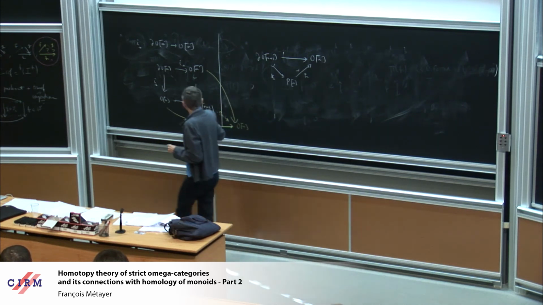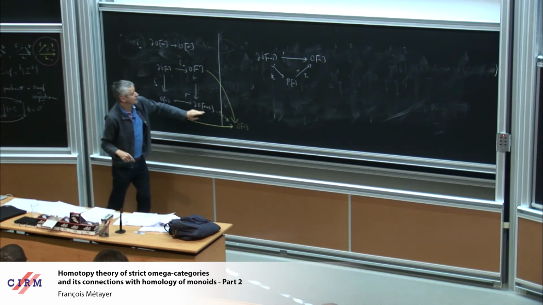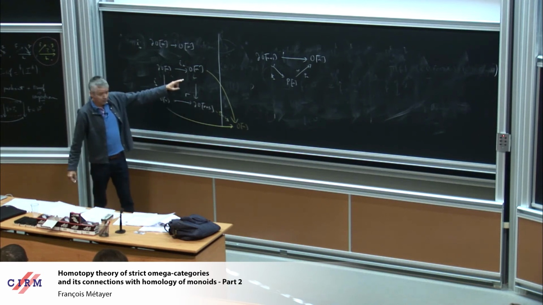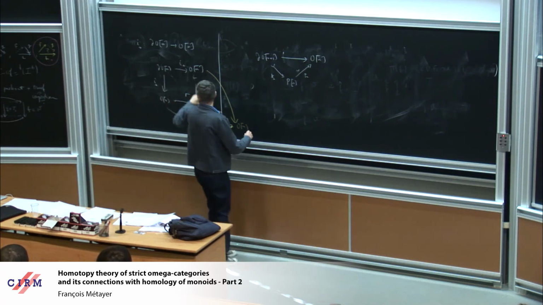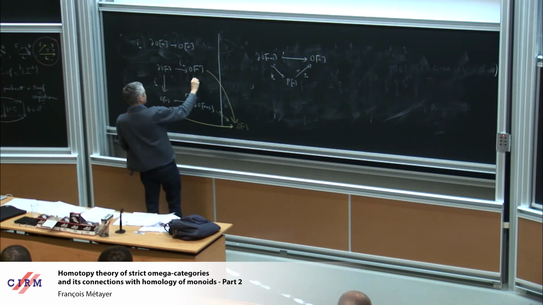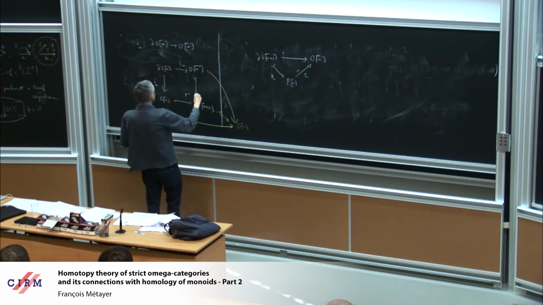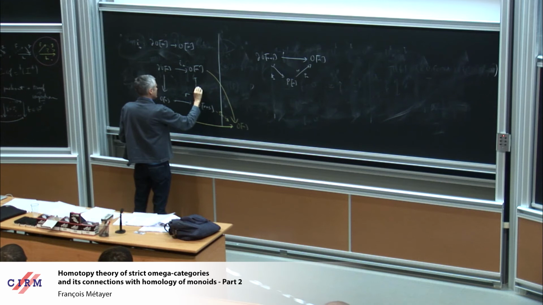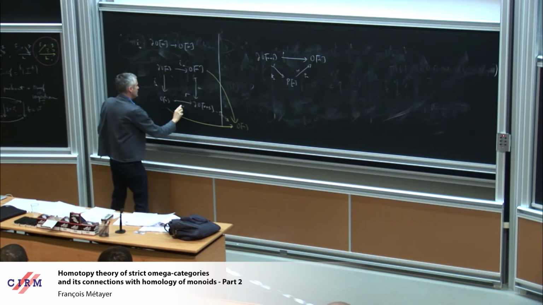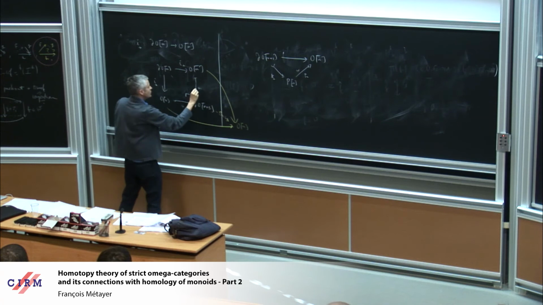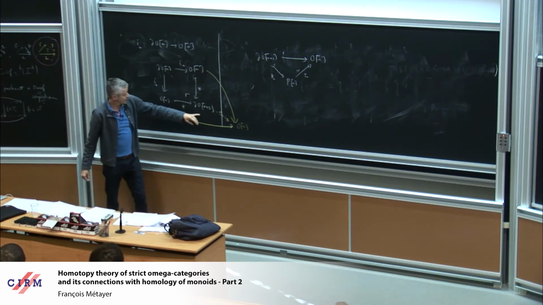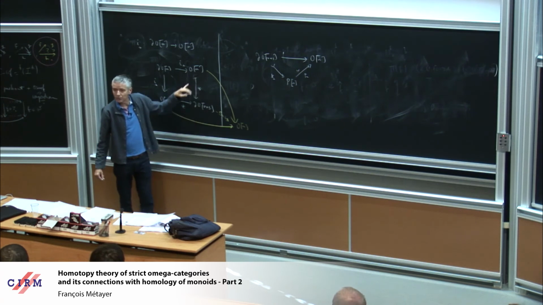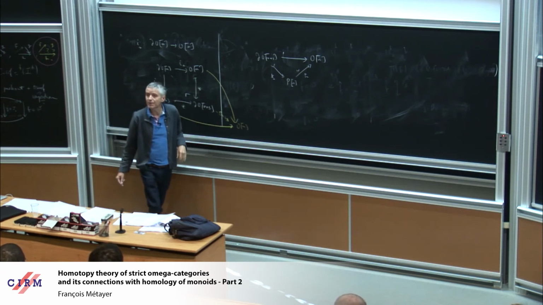And now, if you compose, so delta 1 goes to Pn, if you compose with those maps here, source and target if you want, source and target. If you compose Kn with source and target, then you get maps.